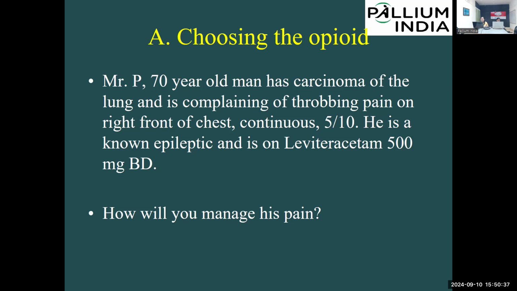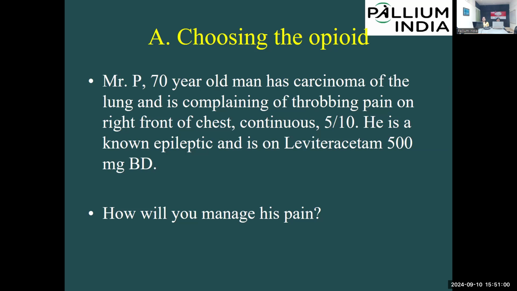It would be preferable, or more advisable, to start this patient on a low dose of morphine. Though the patient is indicated for step 2 opioids, we'll go with the low dose of morphine in this situation, because tramadol as well as tapentadol can reduce the seizure threshold and the patient can develop seizures.